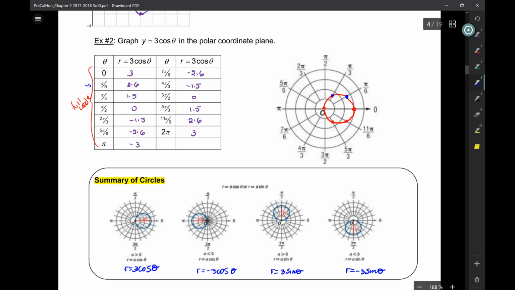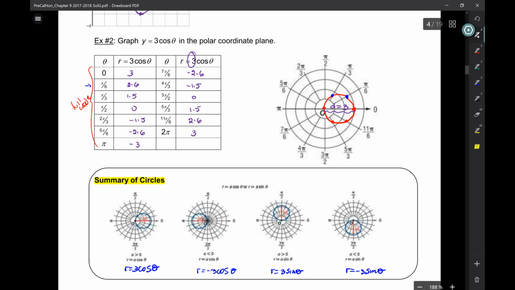Yes? Okay, now. How much is this distance here? The diameter? 3. What's our A in front? 3. Okay?